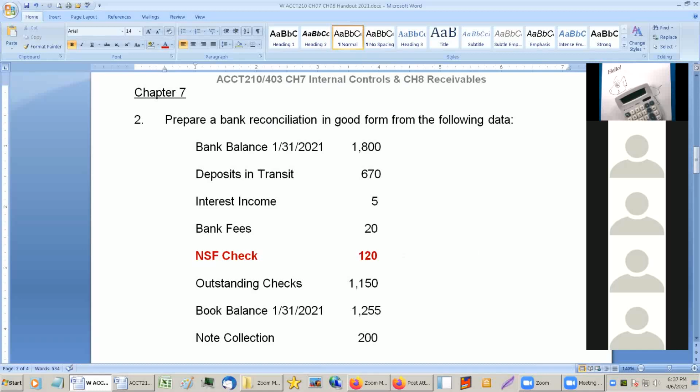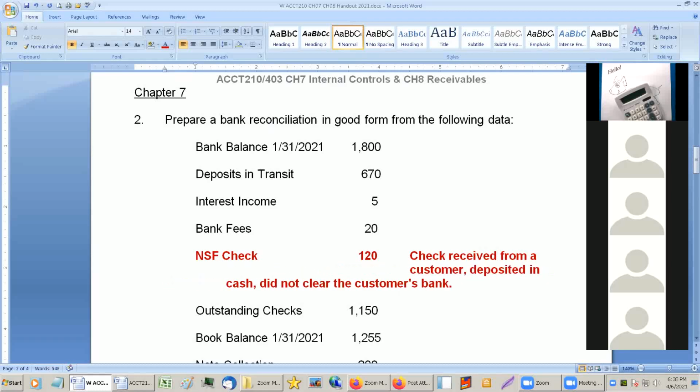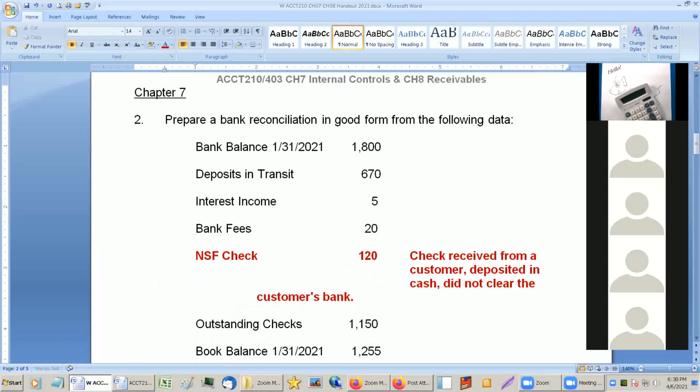This is a check that was received from a customer, was deposited, but it did not clear. Kind of wordy.